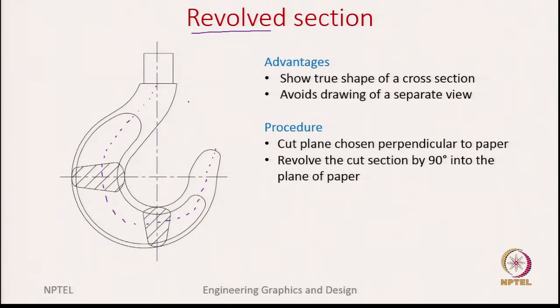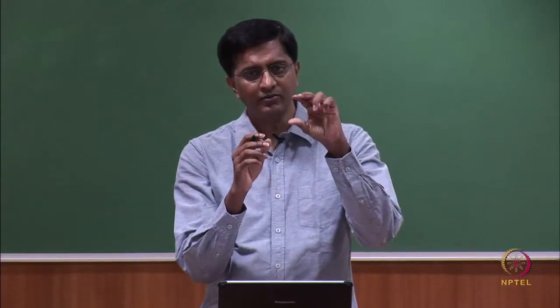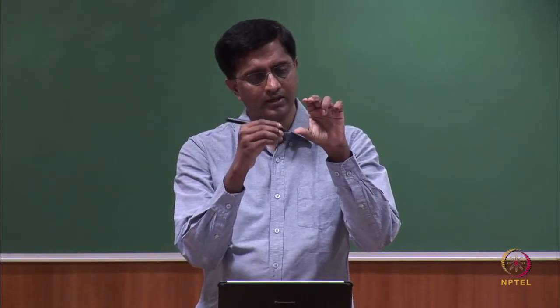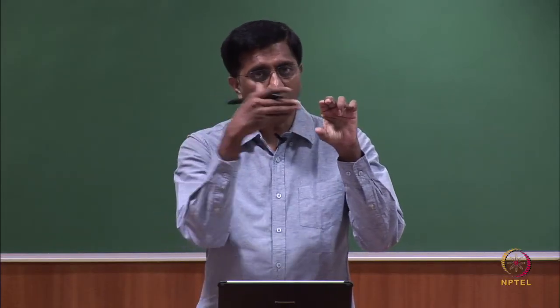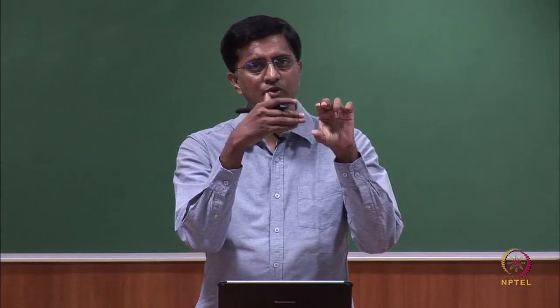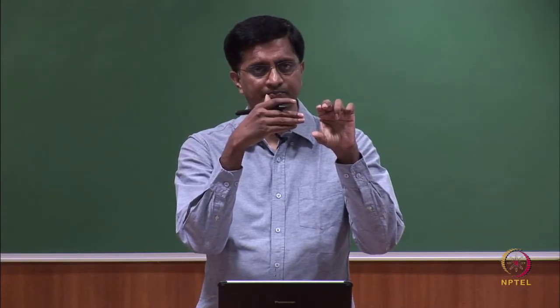Okay. So, why do we call it revolved, and what are the advantages of this revolved section? So, the first thing is it shows the true shape of the cross section. What do we mean by true shape? So, when we make a cut and then we are looking normal to the cut, then we see the true shape of that cross section.